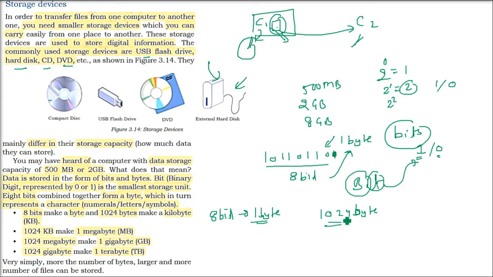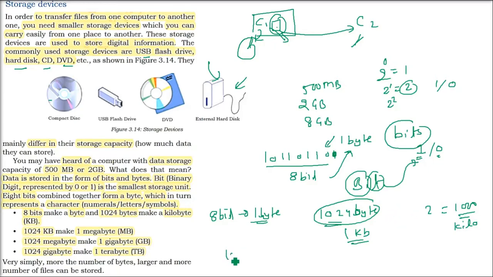But in general language, we call kilo 1000. In powers of 2, you won't get 1000. In normal life, if you go and take 1 kilo of potato, it will be 1000 grams. But in computer science, 1024 is 1 kilo. The 24 is extra just because it is coming out of 2 to the power 10.